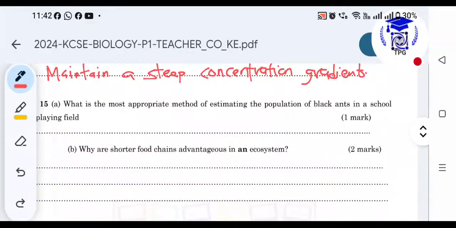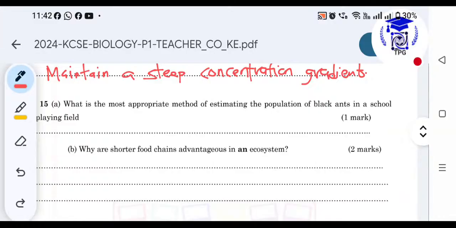Number 15. What is the most appropriate method of estimating the population of black ants in a school playing field? This topic is in ecology, methods of population estimation. We want to know the number of black ants in the school field.